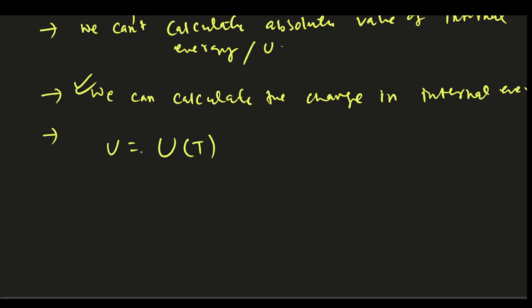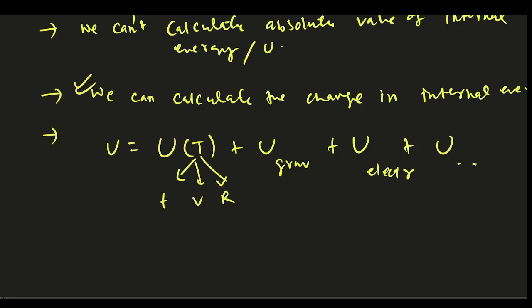Due to the movement of molecules there will be motion, and that is kinetic energy, which can be translational, vibrational, or rotational. And in that energy we can have gravitational energy, maybe electrical energy, and maybe some other energy that we don't know. So a lot of energies are there.